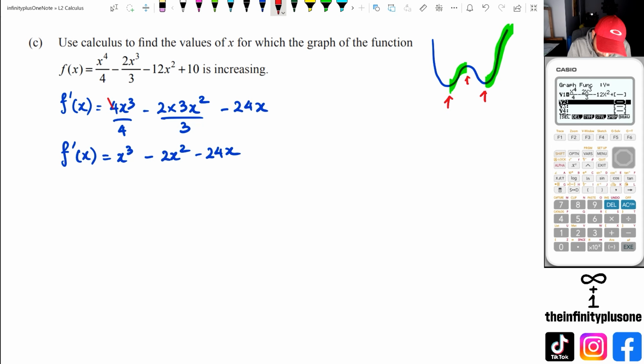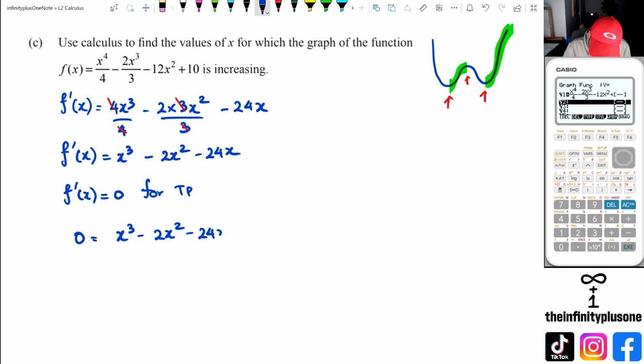Because the 4's cancel out, the 3's cancel out. Now I've got to put the gradient equal to 0 to figure out the turning points. So f dash of x is equal to 0 for all turning points. So I've got 0 is equal to x cubed minus 2x squared minus 24x.